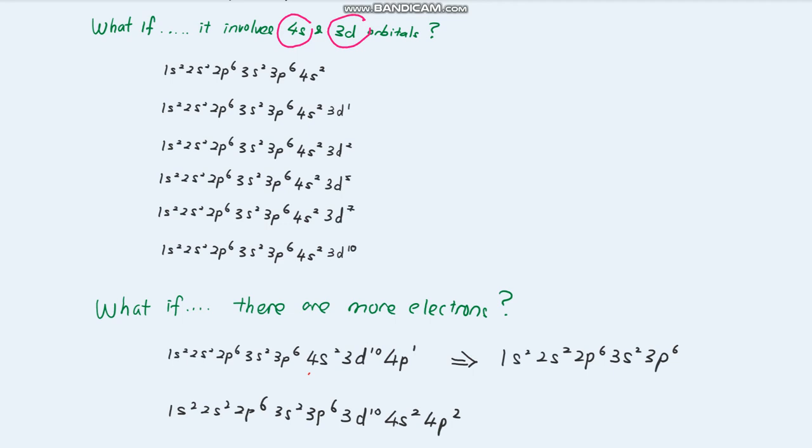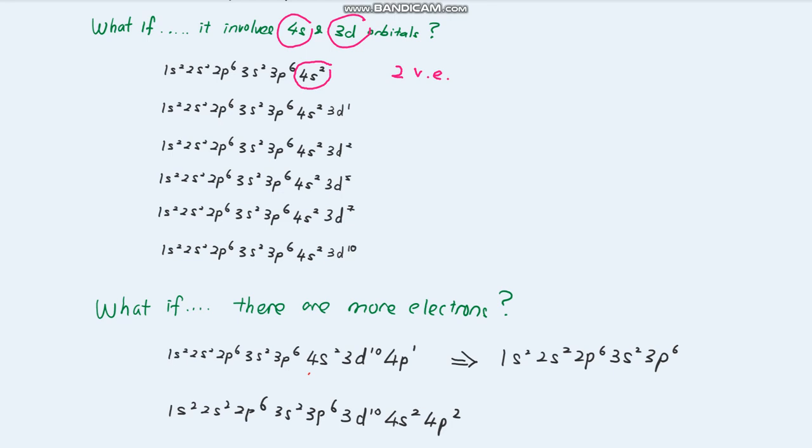Okay, so let's look at the first example here, 3s2, 3p6, and 4s2. So in this case, the highest value is number 4. Okay, so the n value equals 4. So for 4s2, we have 2 valence electrons. Okay, but if we have more electrons fall into the 3d subshell, let's look at this.